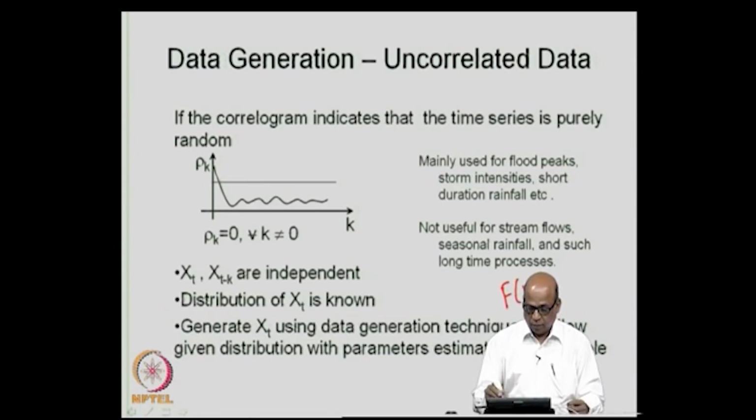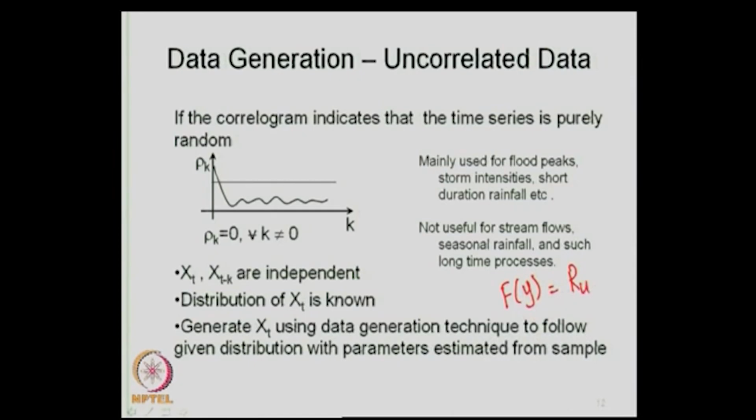Or let us say, if you recall, we set F of y equal to R u and then solve for y. So, this is what we do there, solve for y. F of y as indicated here is the CDF of that particular distribution.